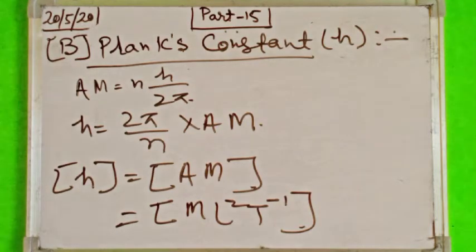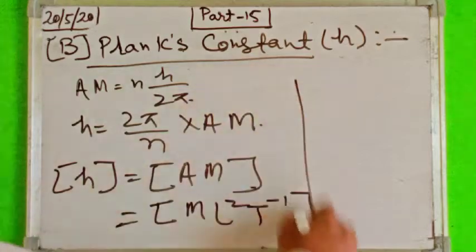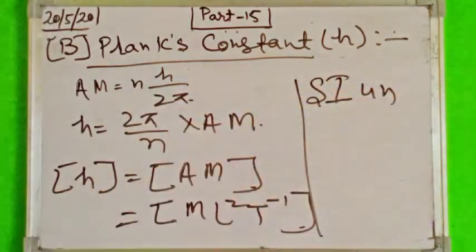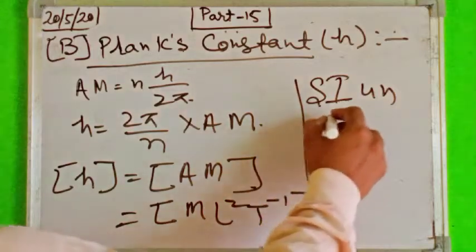Now the SI unit of Planck's constant. Since it has dimension, then obviously it has a unit also. So its SI unit is kg meter square per second.